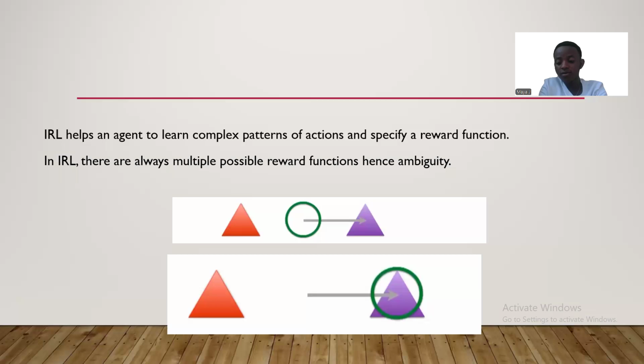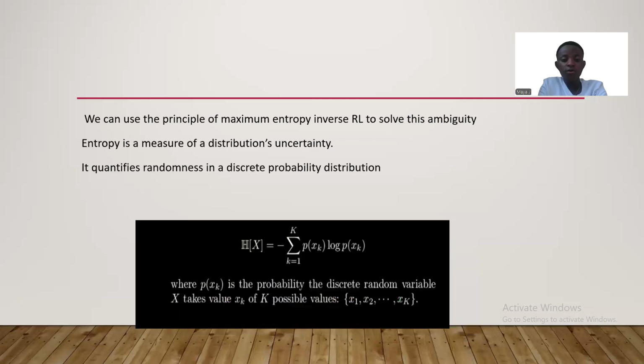To solve this ambiguity that you have seen up there, we can use a number of methods, one of which is the principle of maximum entropy with inverse reinforcement learning.